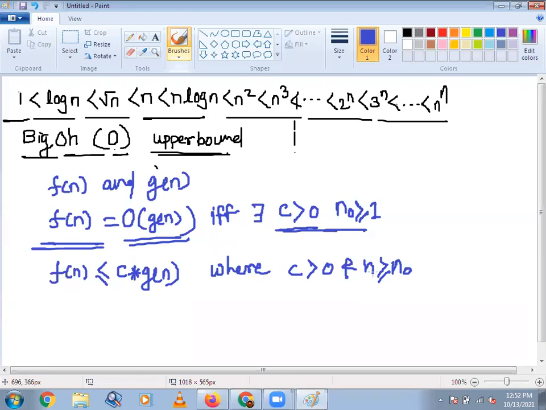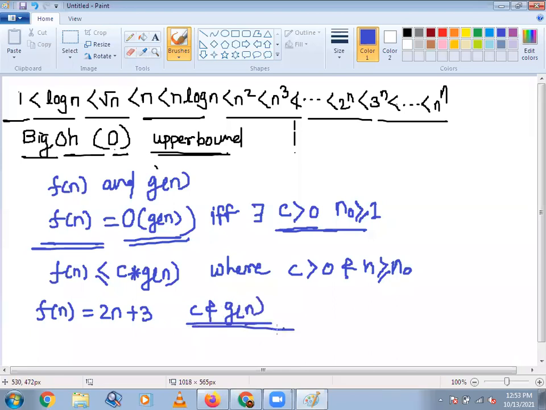Okay, now suppose you are given an equation, f of n is equal to 2n plus 3, and you have to find out c and g of n.